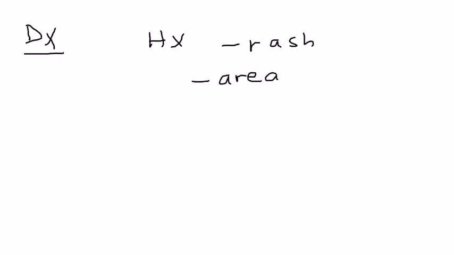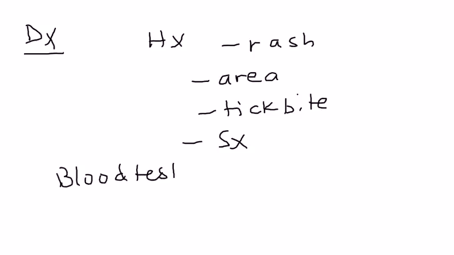Alright, so how do you diagnose this? Well, the diagnosis is really a combination of history, where a person presents with a rash, with the classic history of exposure to an area that's endemic to Lyme disease, history of a tick bite, and some of the classic initial symptoms. But then there are some blood tests that are done, and those blood tests have a very easy to remember name, Lyme titers, and those Lyme titers can be helpful in the diagnosis.